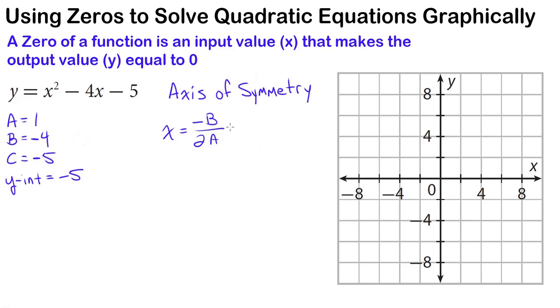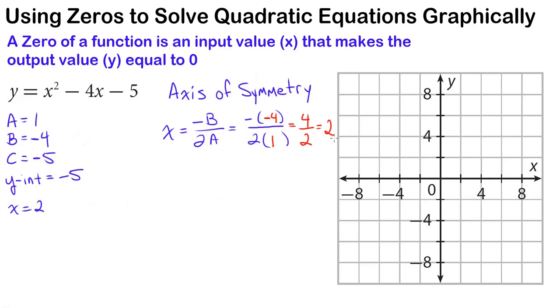Writing this with parentheses, -b over 2 times a, we plug in our b value, -4, and our a value, 1. So -(-4) is +4, and 2 times 1 is 2, and 4 divided by 2 is 2. So our axis of symmetry is at x equals 2.